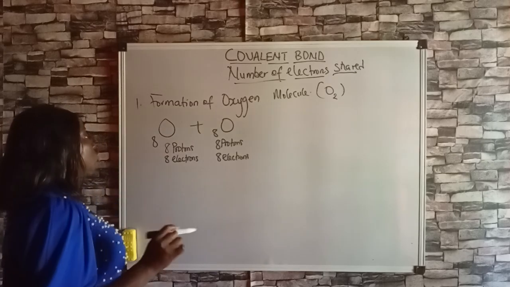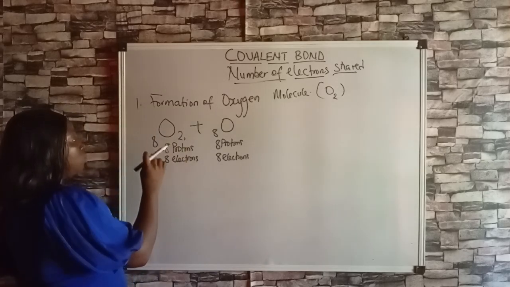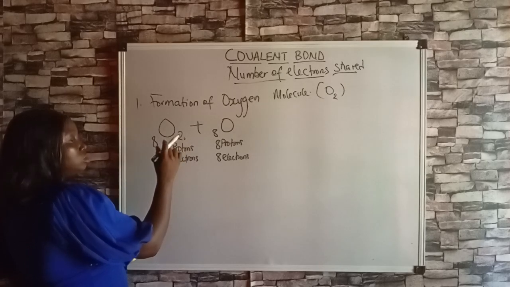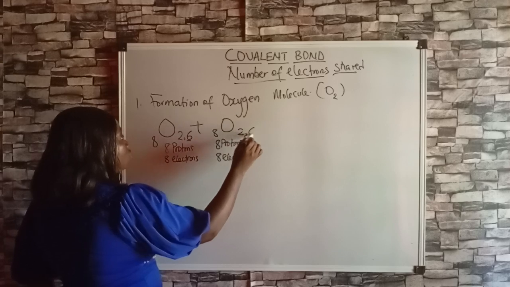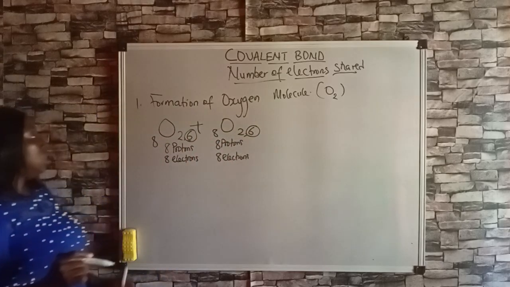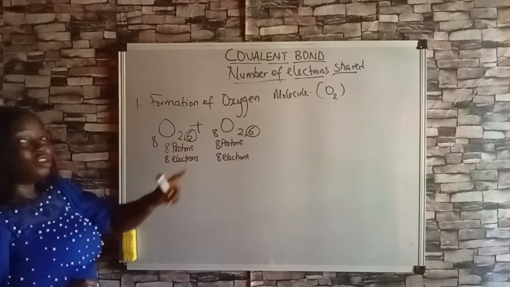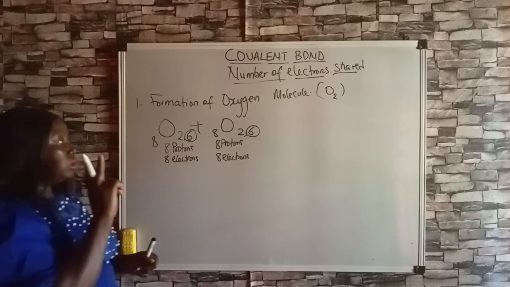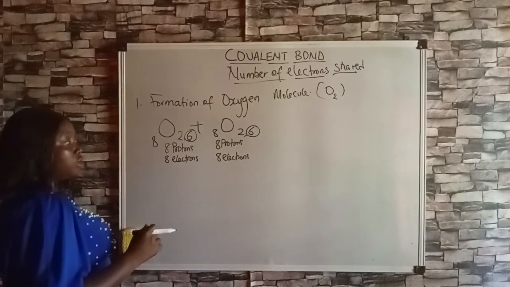The electronic structure of their shells will be 2 in the first shell, and the second shell will have 6. Same here, 2, 6, which means that their outermost shell has 6 electrons, and each of these oxygen atoms needs an additional 2 electrons to reach an octet configuration.